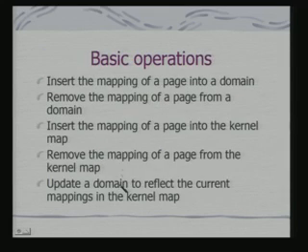So, basic operations for the domain are: insert the mapping of a page into a domain, remove the mapping of a page from a domain, insert the mapping of a page into the kernel map, remove the mapping of a page from the kernel map, and update a domain to reflect the current mappings in the kernel map. So, that means there can be pages now belonging to different processes.